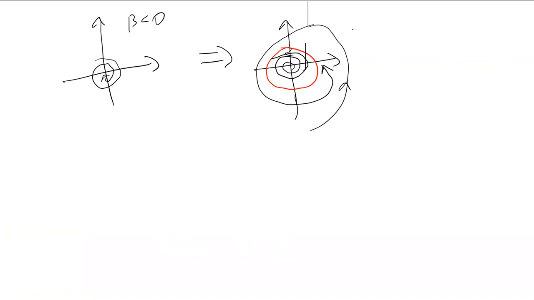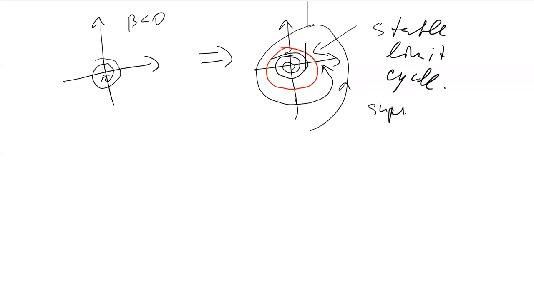So this is a stable limit cycle. And this is supercritical Hopf bifurcation.